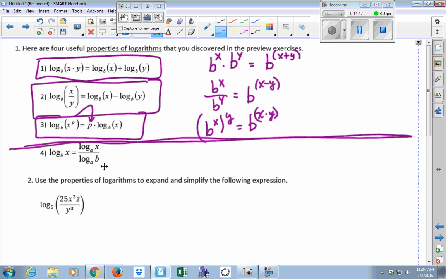And that's only going to happen when you're asked to evaluate a log that you have no way of doing either mentally in your head, like log base 5 of 32, we can write as log base 5 of 2 to the 5th and get our answer. And you can't use your calculator to do it. That's the only time you're going to see this division of two logs. You'll never see it in using any of these properties.